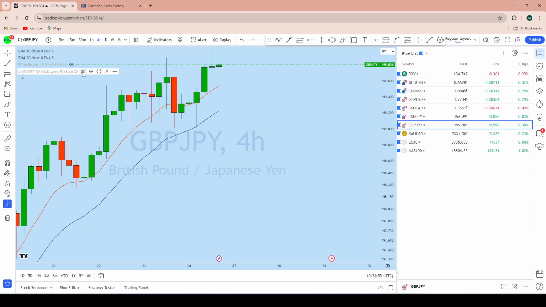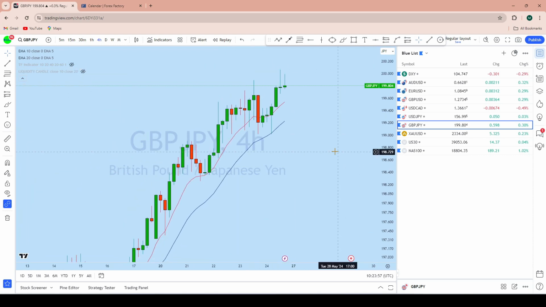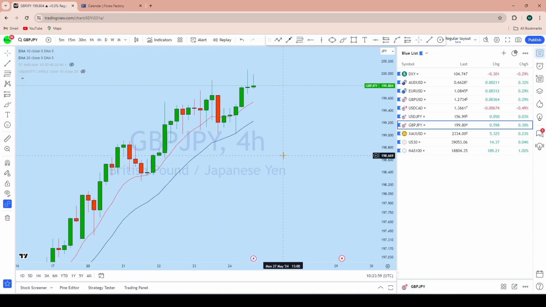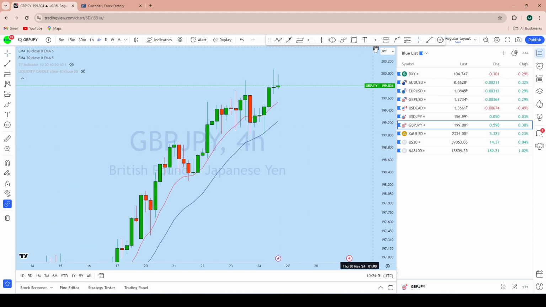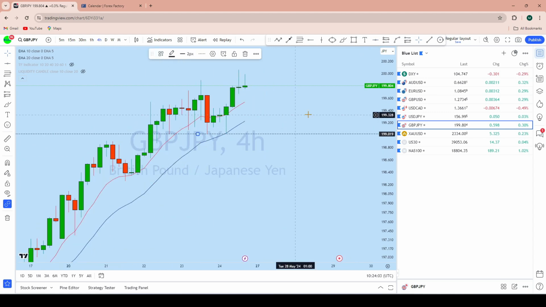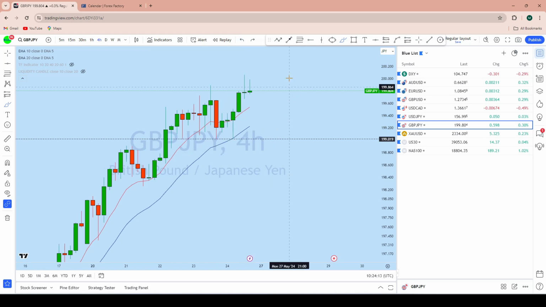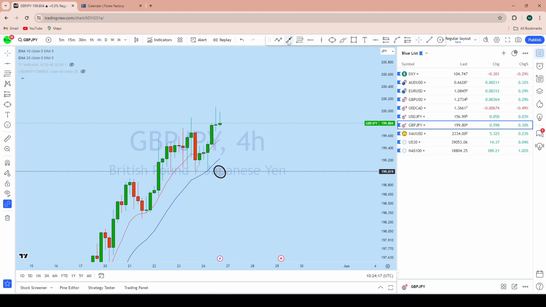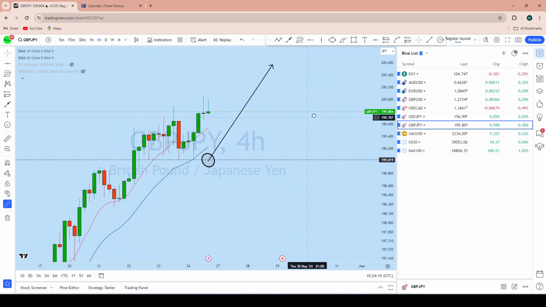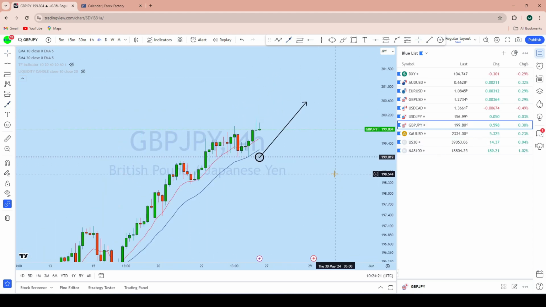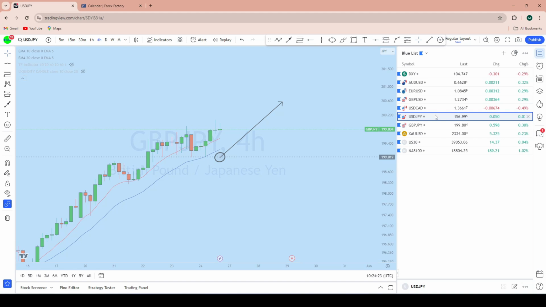So we'll be waiting for the price on GBP/JPY to break any of these liquidity zones from the swing trading perspective. If the market manages to break below any of these important liquidity zones, we might see it bouncing back up again. As the market structure is still valid, we will be waiting for potential bullish momentum on GBP/JPY.